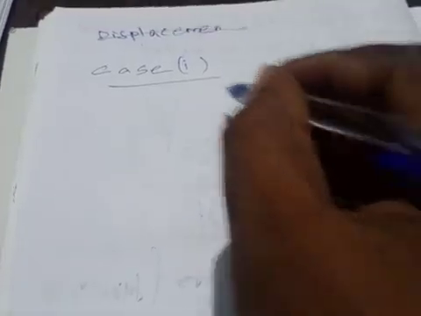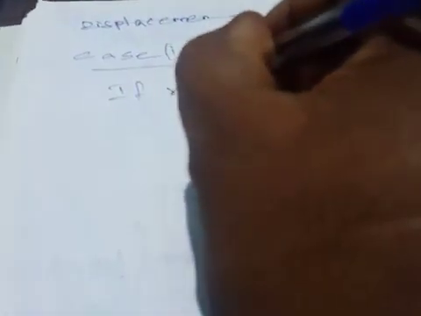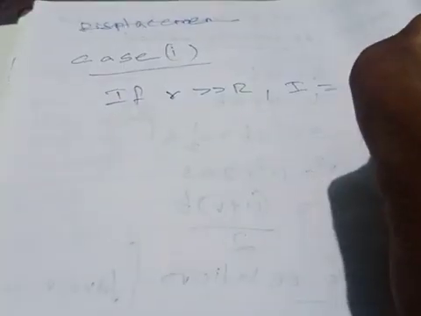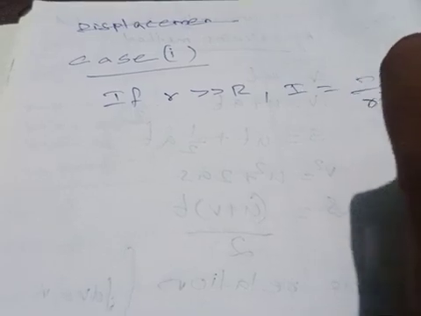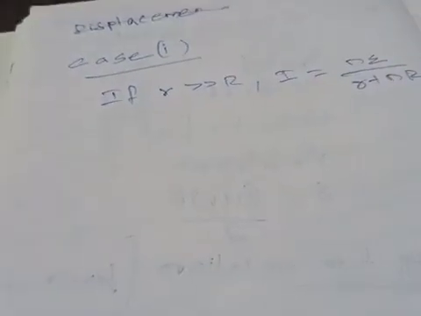Let us see the cases here. Case 1: if the external R is very much greater than the internal r, then what will I be? N epsilon by R plus Nr is the formula.